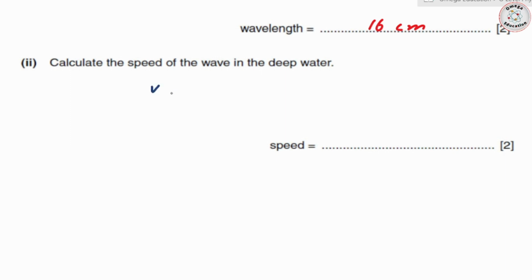Speed of the wave is frequency times wavelength, and frequency was 3.6 times 16, and then we just take out the calculator. 16 times 3.6, and the unit in that case would be centimeter per second. Where do we get the centimeter from? Because the wavelength 16 was in centimeters and the frequency was in hertz or per second. So this is how we get centimeter per second.